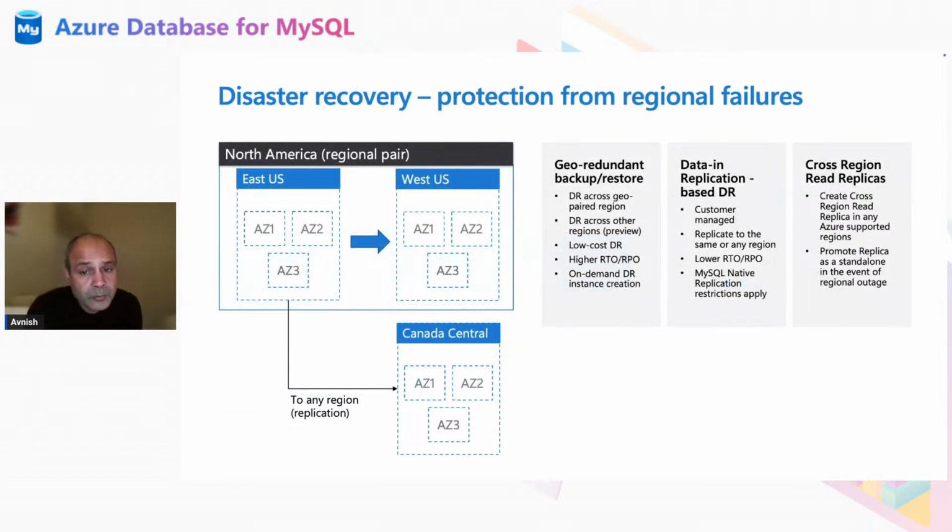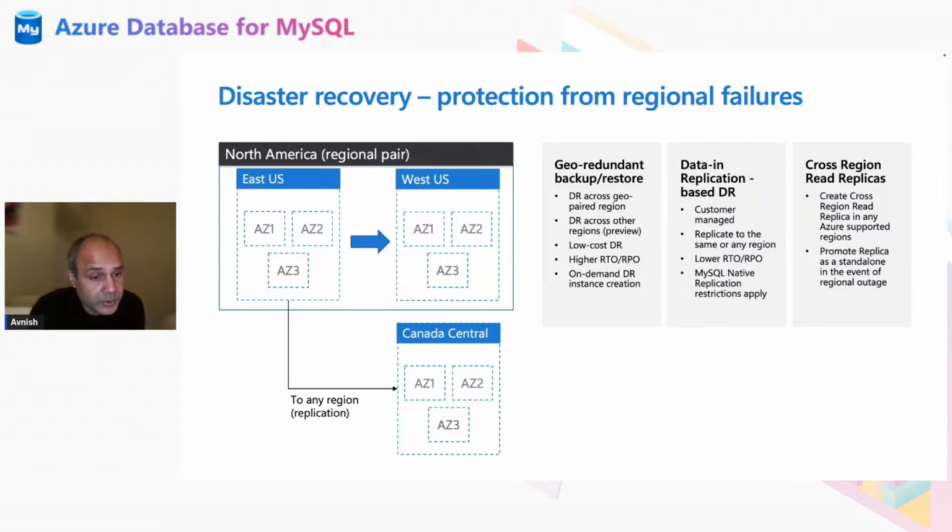So we talked about geo backups as one of the options for disaster recovery protection. The second option is read replicas, which is also a managed feature of the service. We support read replicas in the same region where the primary instance is deployed, or any other region where the MySQL service is available.